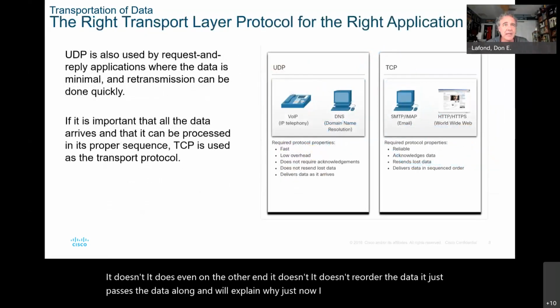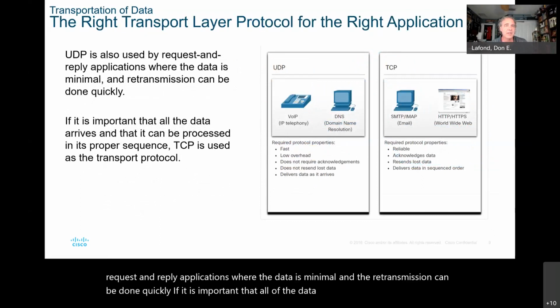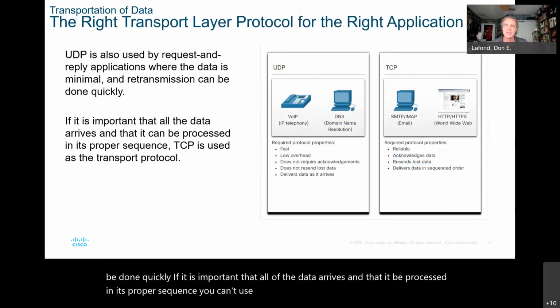So UDP is also used by request and reply applications where the data is minimal and the retransmission can be done quickly. If it is important that all of the data arrives and that it be processed in its proper sequence, you can't use UDP, you have to use TCP.